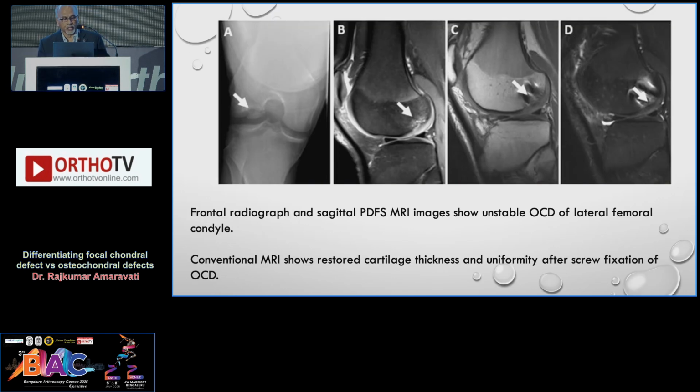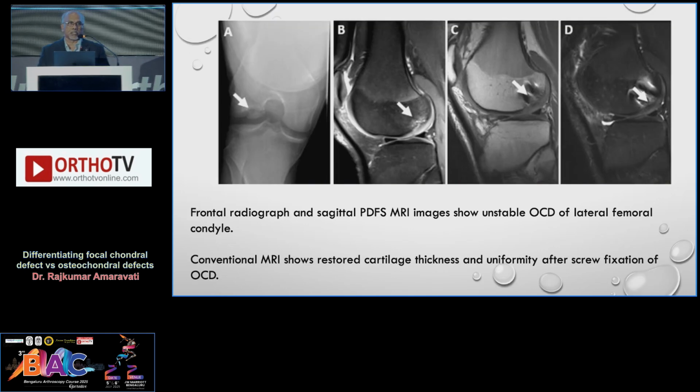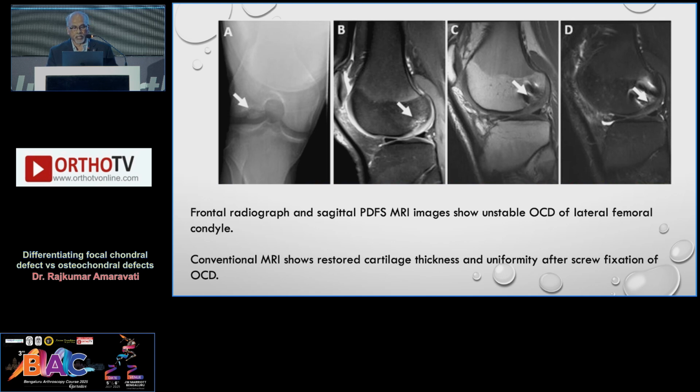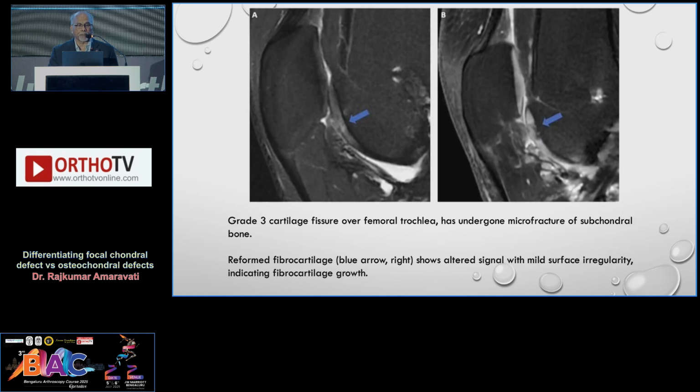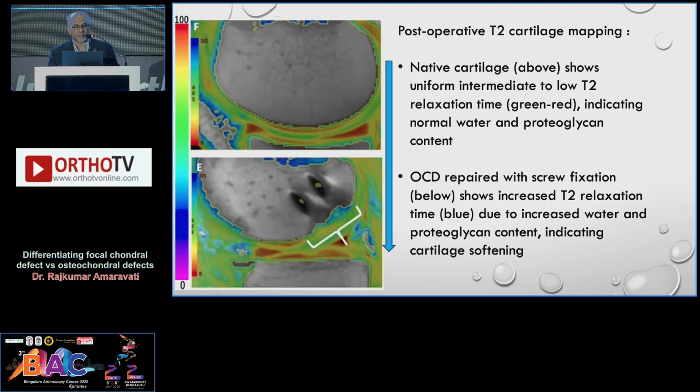Similarly here, if you fix it with a biological device or any metallic device, you should look for uniformity in the cartilage that is restored with the parent bone. When you do a microfracture, which is a go-to procedure for everyone, you should go back and have a look, at least by doing an MRI, to see that there are signal changes compatible with the normal cartilage that is there in the bone otherwise.